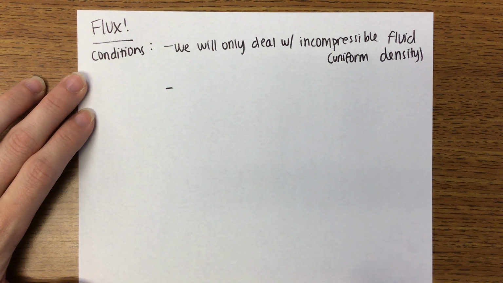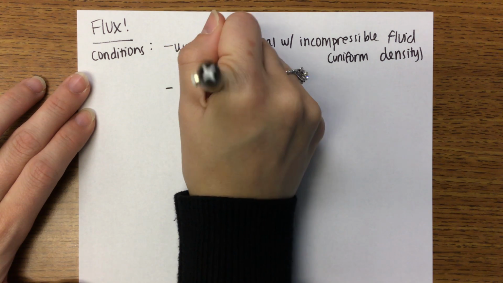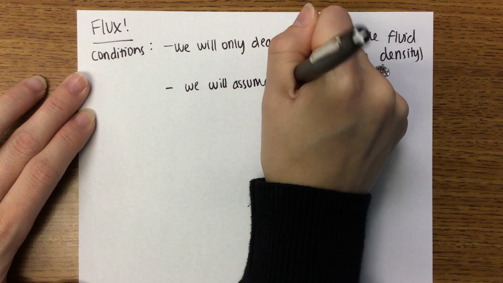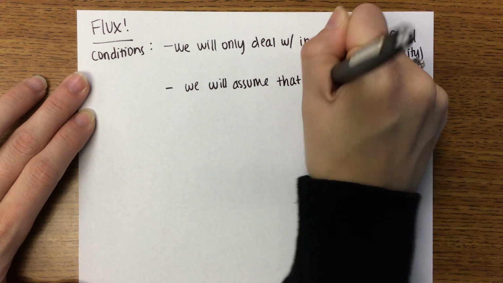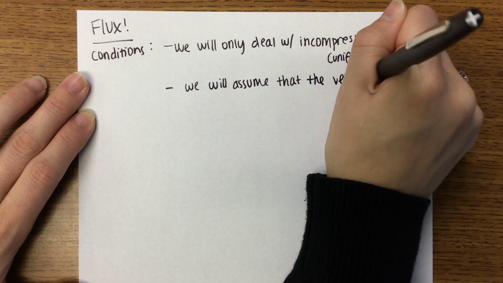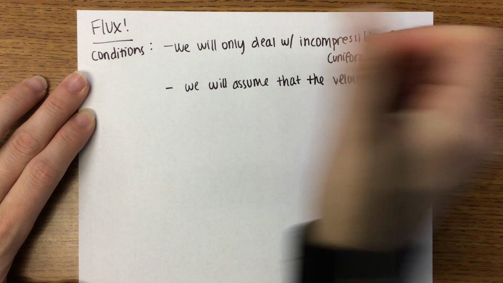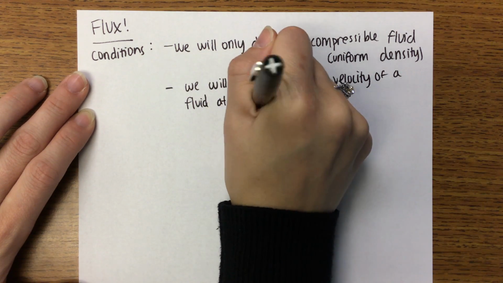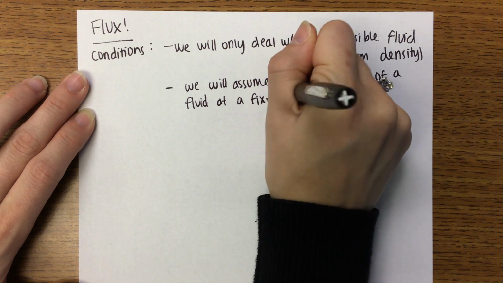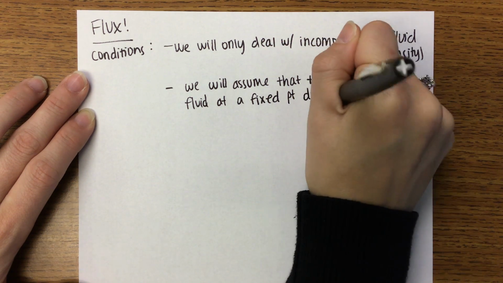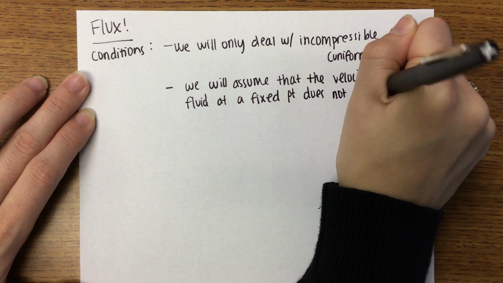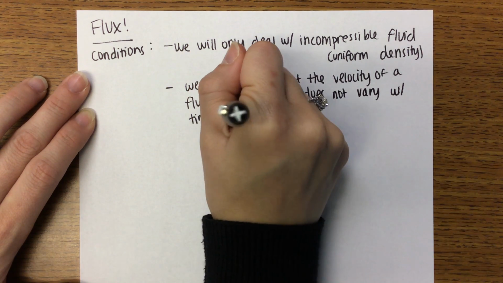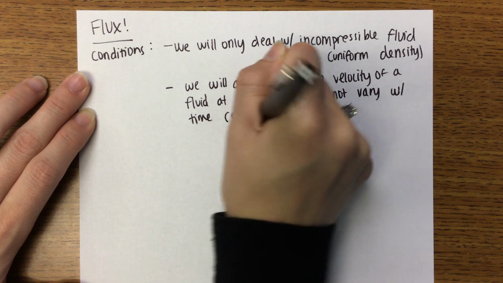Second condition is we are going to assume that the velocity of a fluid at a fixed point does not vary with time. This is called steady state.